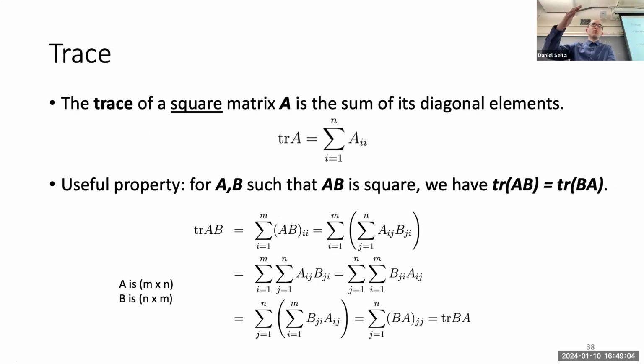We have a double sum of a bunch of terms, so it doesn't matter what order we sum up everything. Everything is a scalar. That's also what happened here. We have a sum of i equals 1 to m, and then we can reorder it with the sum of j equals 1 to n. And then from here, we just repeat the process from the first line, and you get the trace of B times A.